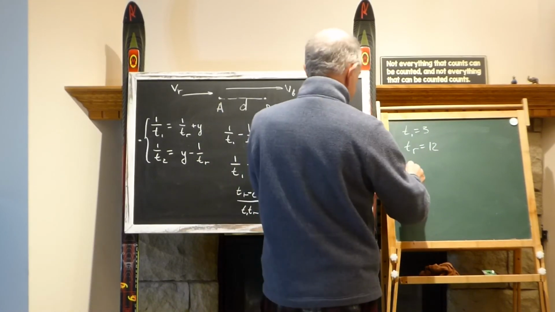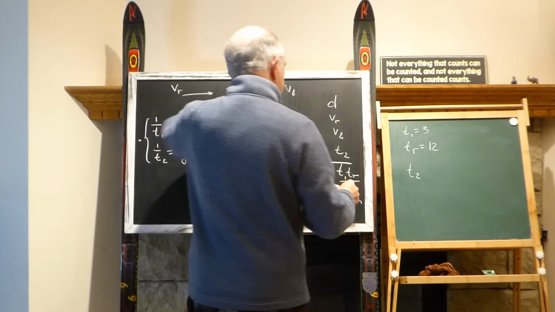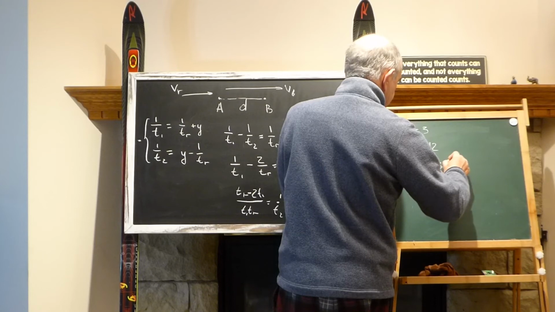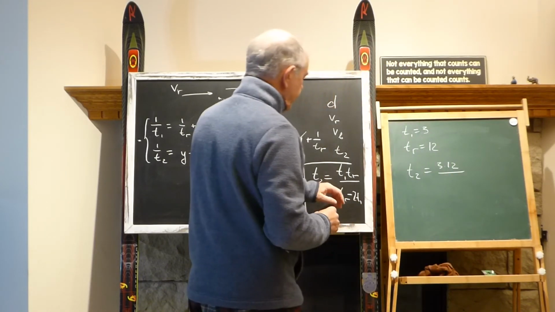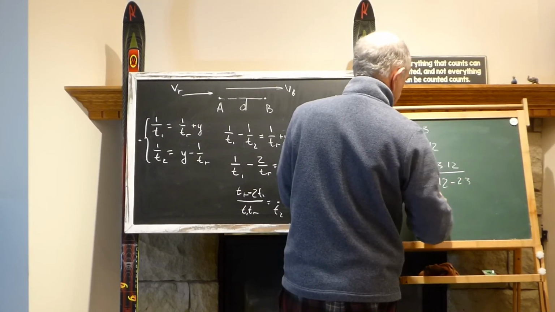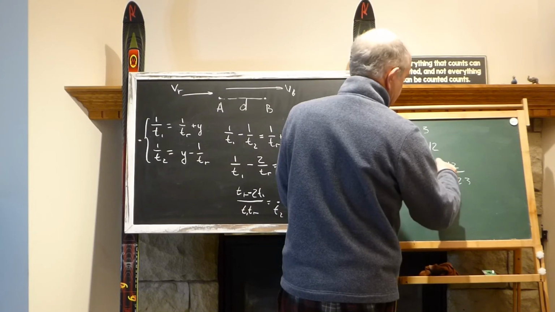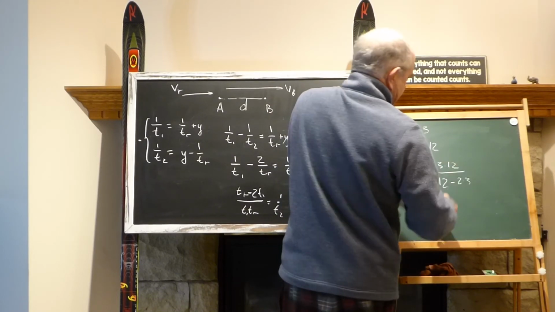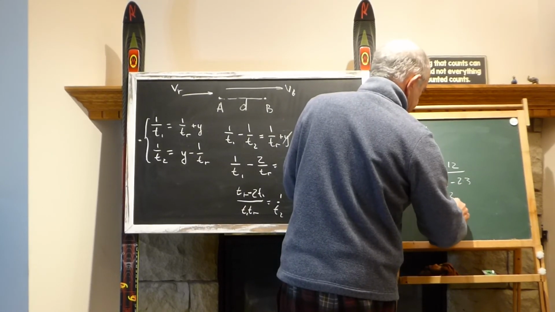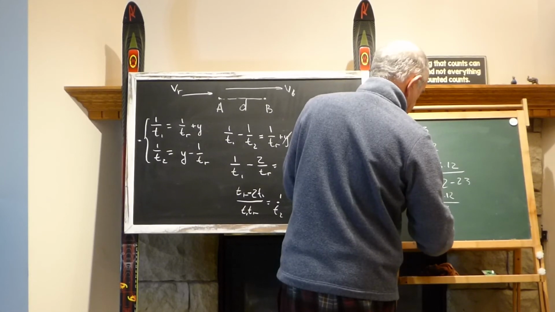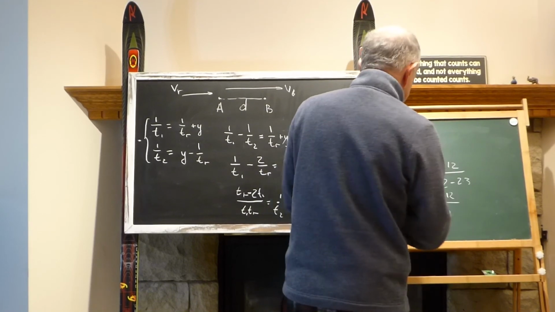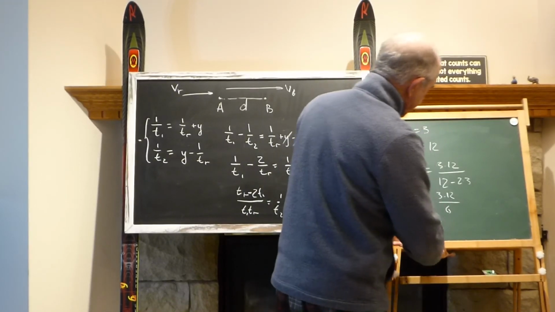And so T2, the time when the boat comes back, becomes 3 multiplied by 12 divided by 12 minus 2 multiplied by 3. I can simplify: 3, 12, 6, and I can say T2 equals 6. So T2 becomes 6.